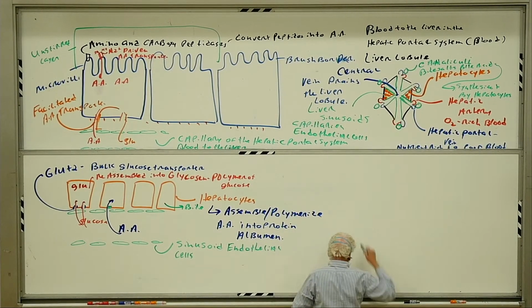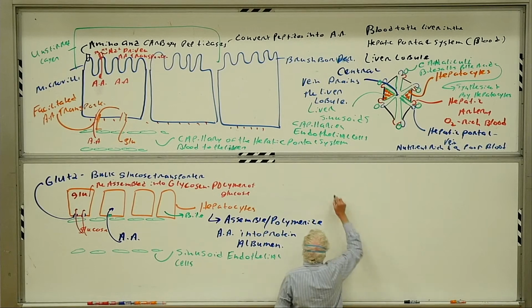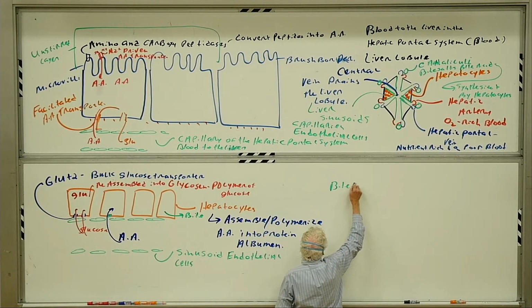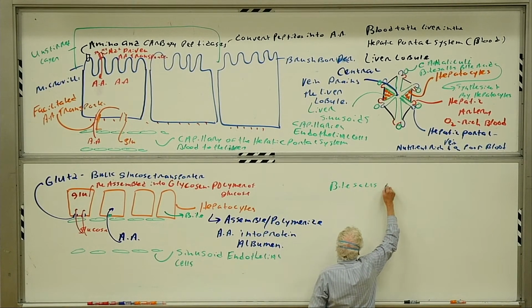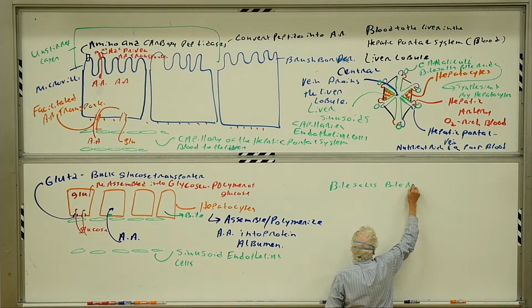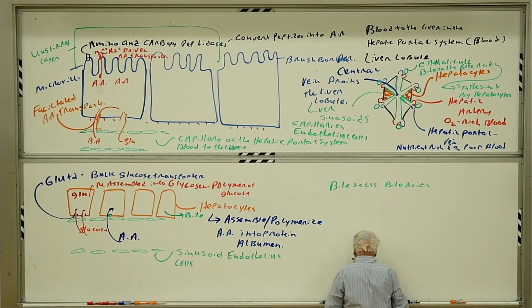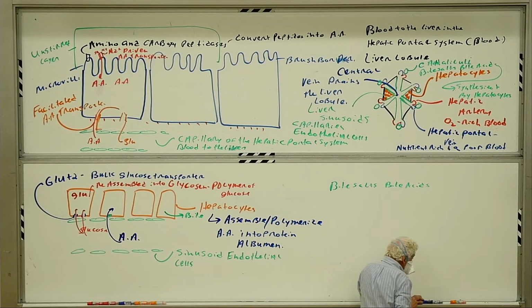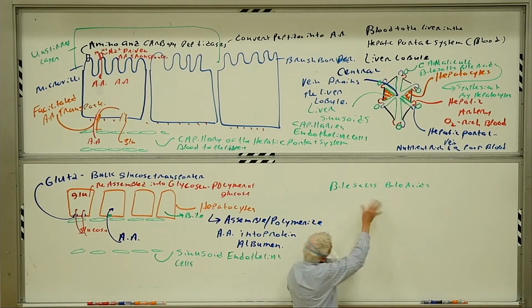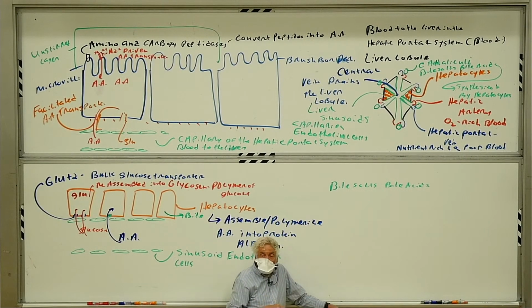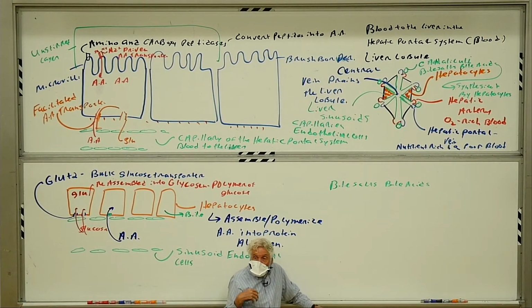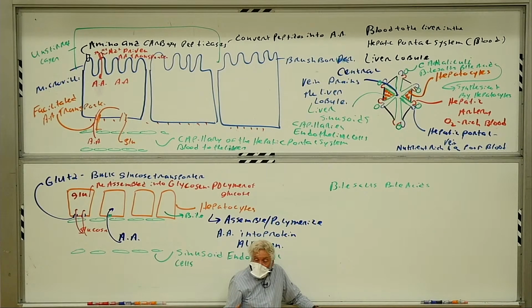So let's talk a little bit about bile salts and bile acids. Now you may remember when we talked about the cardiovascular system, we said that when blood is broken down, we have these bilirubin and biliverdin, these bile structures, but they're a waste product.